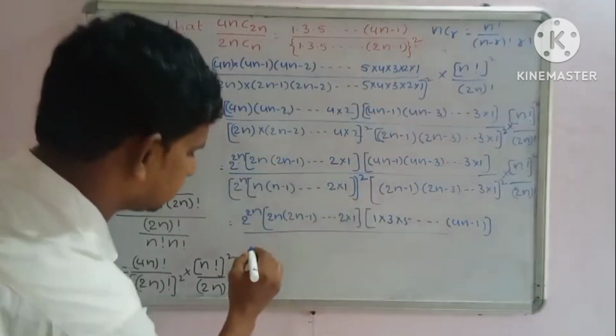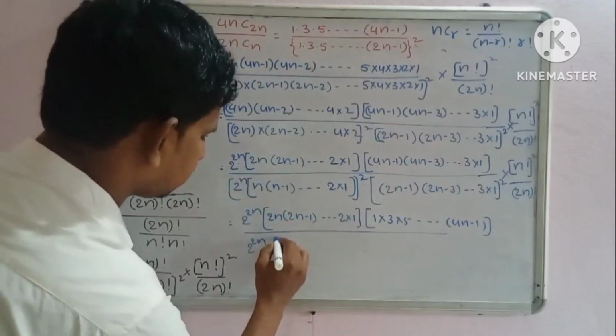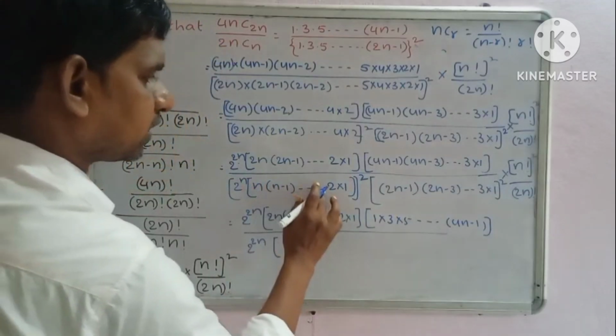So write this term, n into n minus 1 into n minus 2, so on.